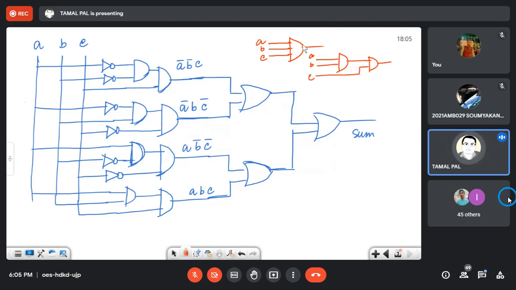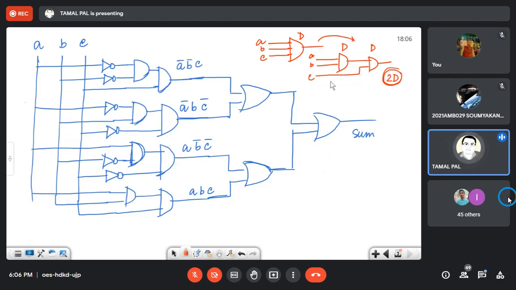When a signal passes through a gate, it generates some amount of delay. Let's say this delay is capital D here, and here it is D. So when the final output is generated, it suffers twice the delay compared to this situation.